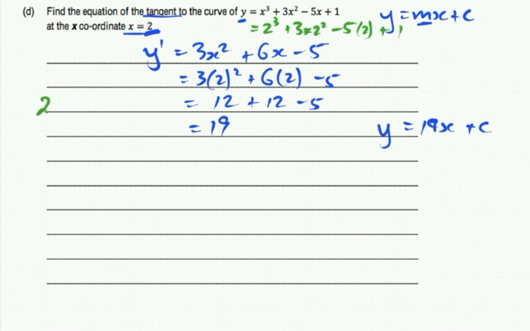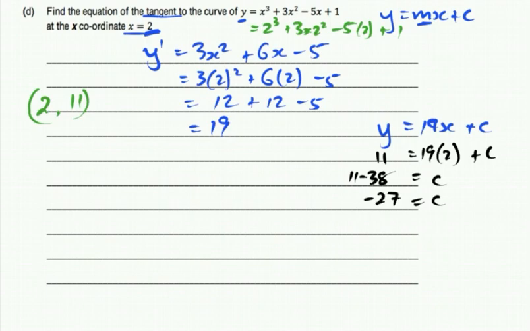So we have the point 2, 11 as my coordinates, so I can now put this in the equation for the tangent. 11 is your y value, and I've got equals 19 times 2 plus c, that's 38. So we subtract 11 minus 38 to give us our c value, and our c value is negative 27.